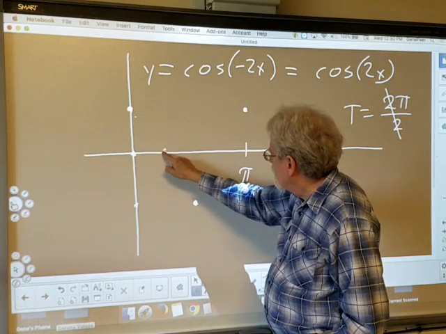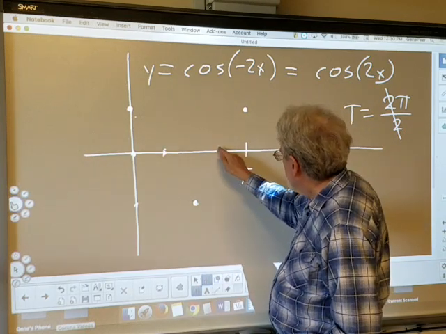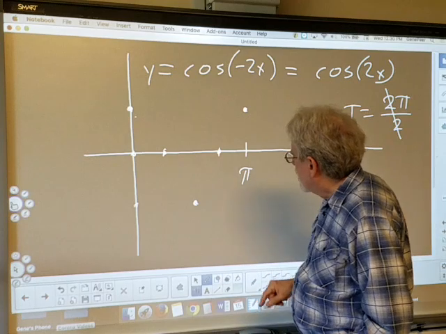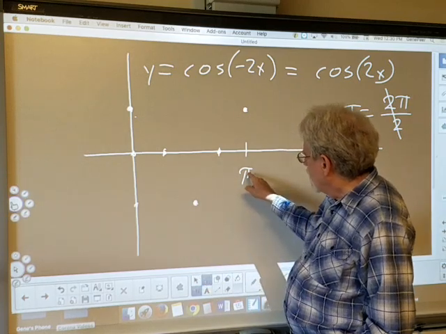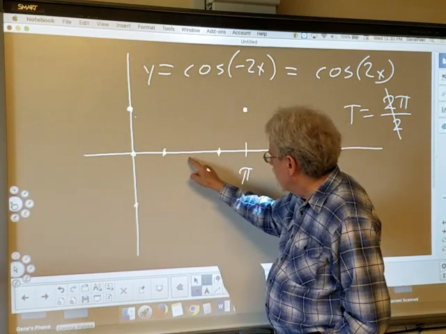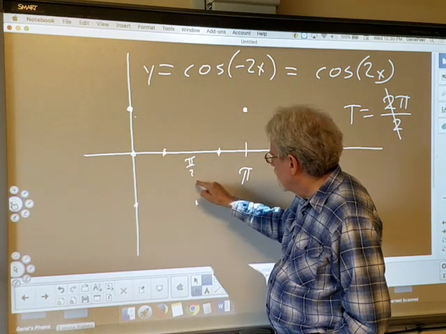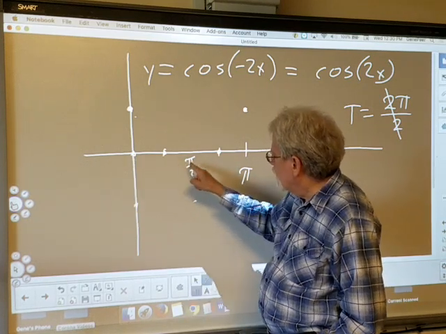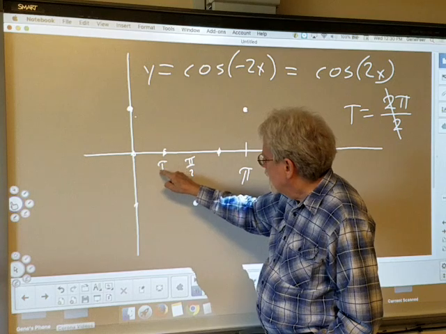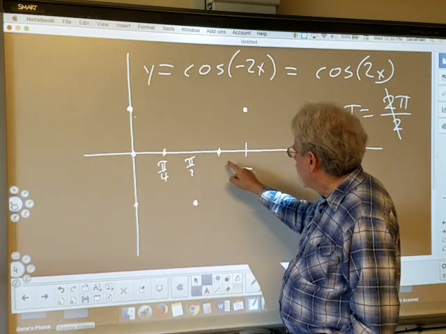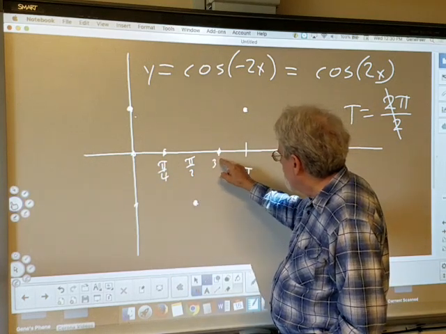I'm just not taking the time right now to get the exact coordinates, although we should. If that's pi, and that's 0, this would be at 1/2 pi. And if this is 0 and that's 1/2 pi, where is this? That's 1/4 pi. And this would be 3/4 pi.